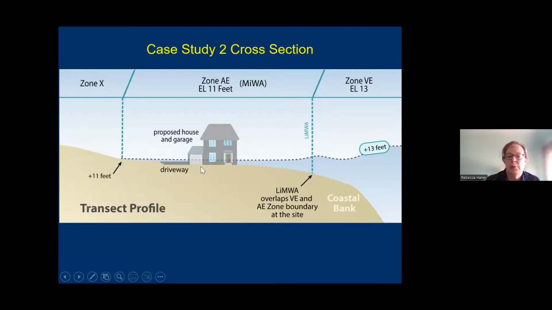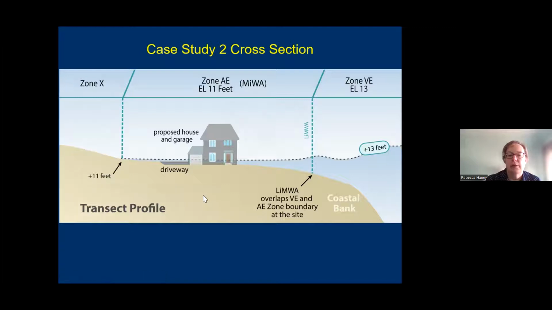And so a proposed house in this location would not redirect flow onto an adjacent house or infrastructure. There would be some minor redirection of flow around it, but you don't have the depth of water, and you don't have the proximity of houses on either side of it.